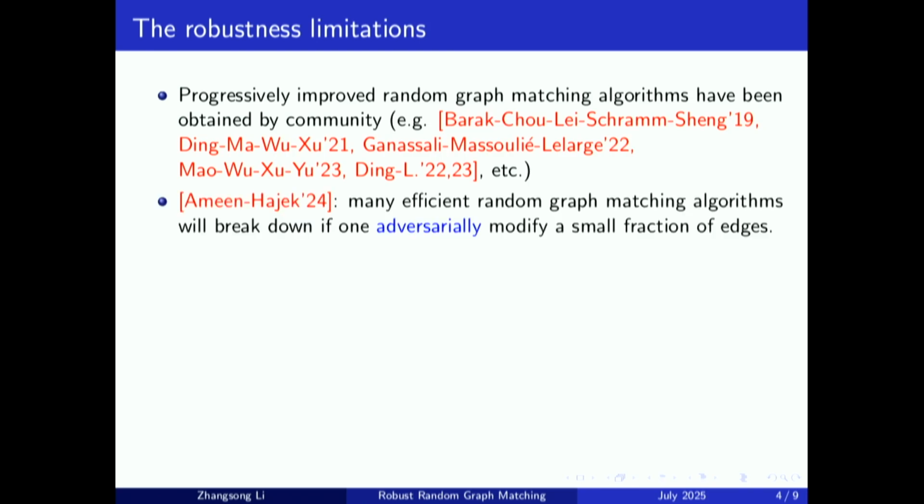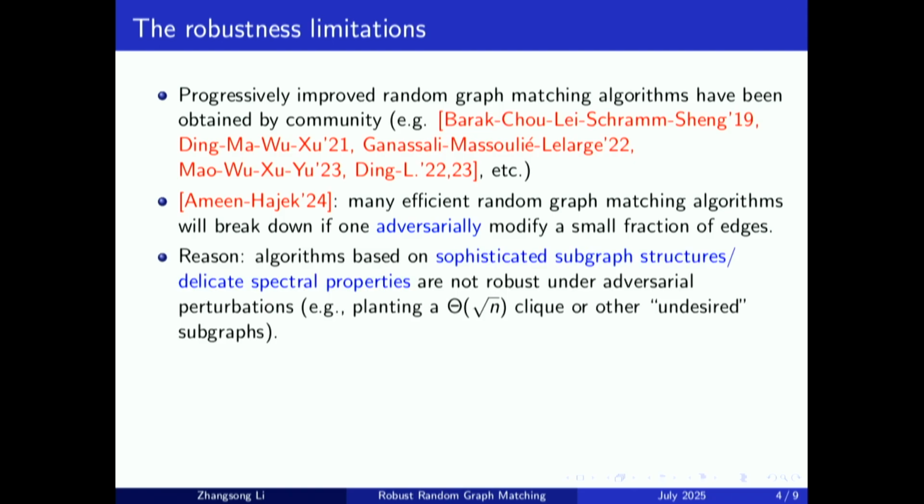However, as pointed out by Ameen and Hajek, many efficient random graph matching algorithms have significant limitations, which I call the robustness limitations. Basically, many such algorithms will simply break down if we adversarially modify a small fraction of edges.